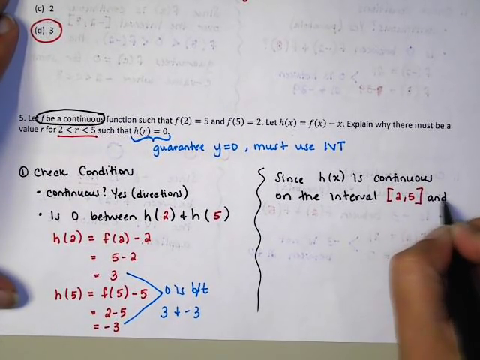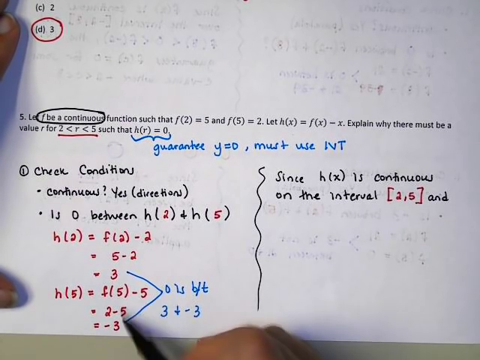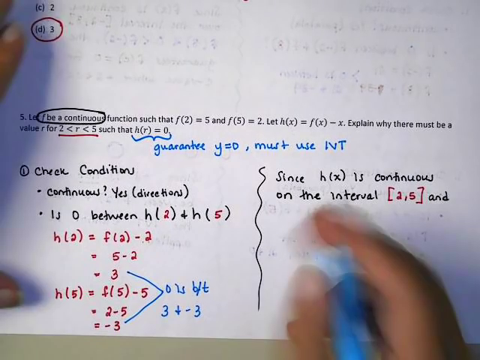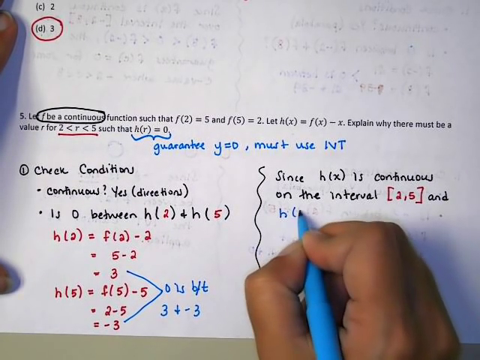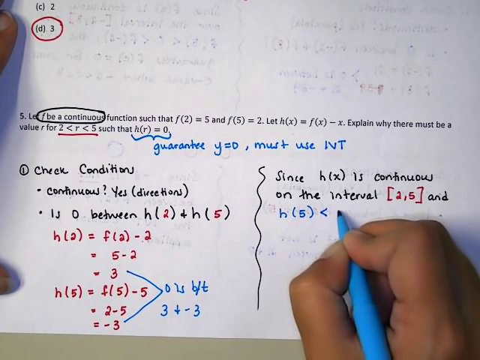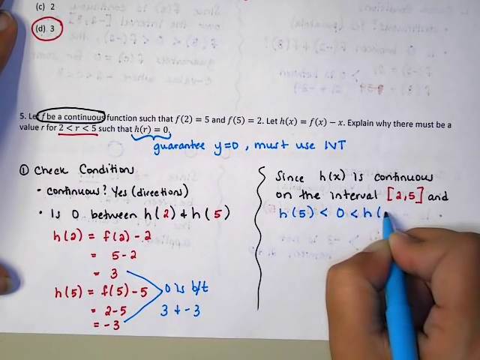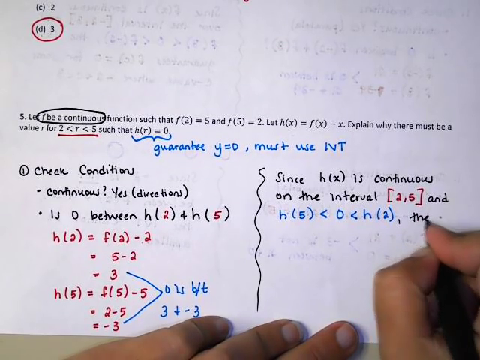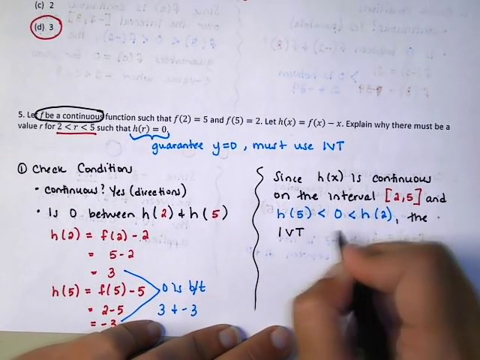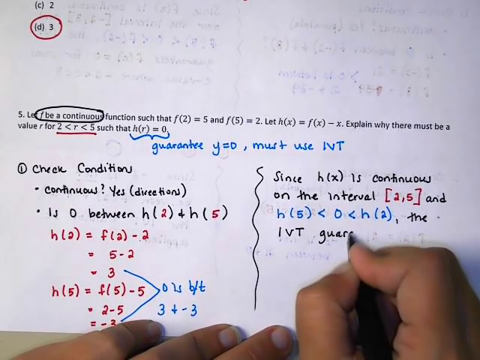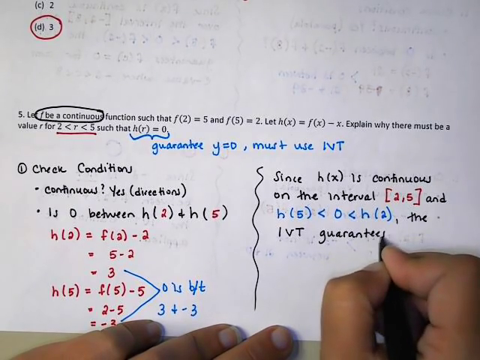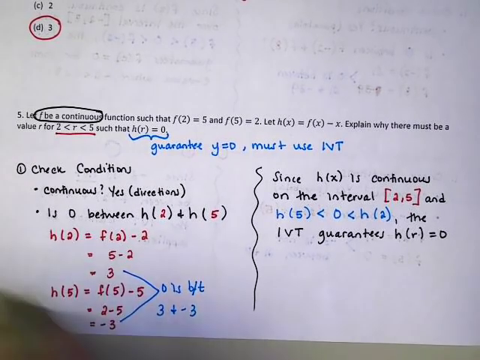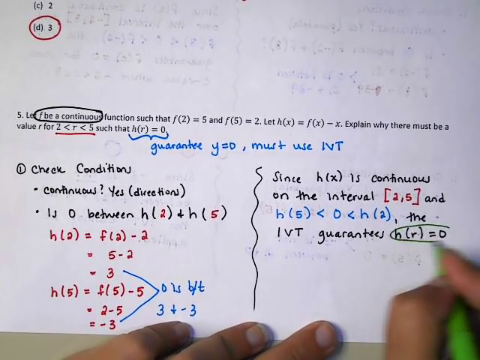And since 0 is between these two outputs, so I would say h of 5 is less than 0, which is less than h of 2. The intermediate value theorem guarantees that h of r must equal 0. So I'm just copying the instructions here. This is directly from the instructions.